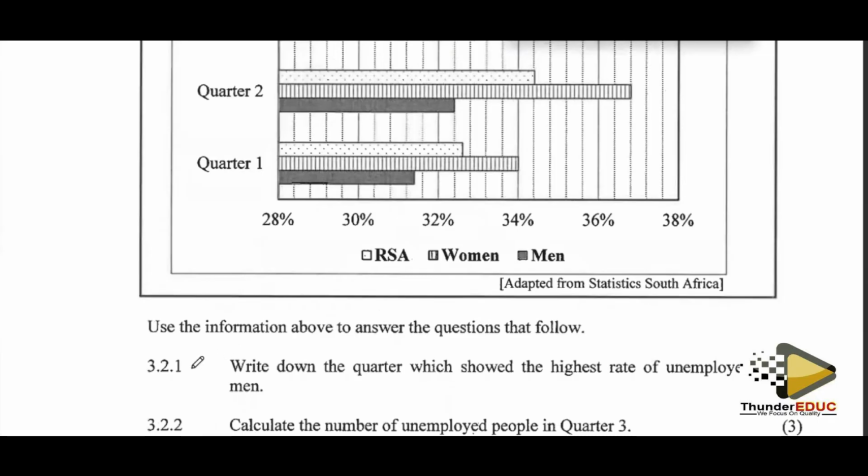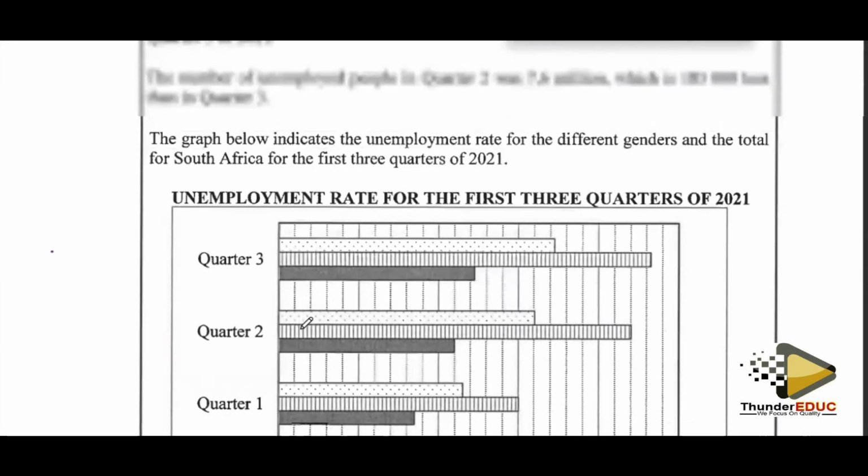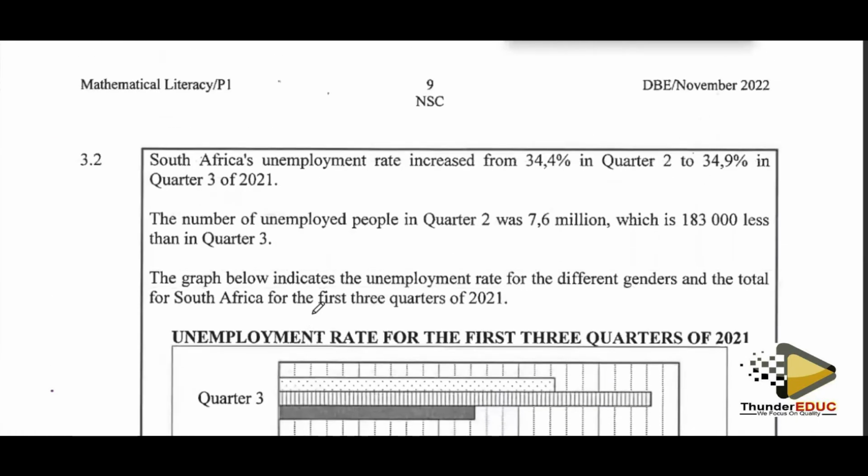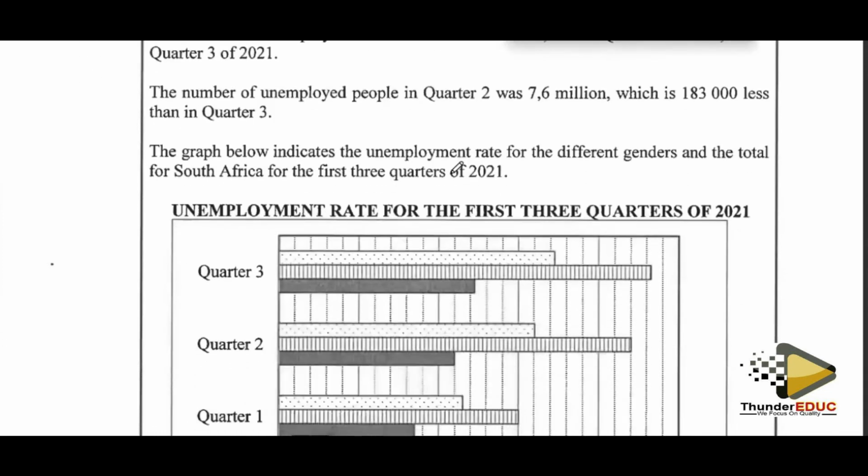All right, we look at this other question. Question number 3.2 is still looking at the graph. They say South African unemployment rate increased from 34.4% in quarter 2 to 34.9% in quarter 3 of 2021. So the number of unemployed people in quarter 2 was 7.6 million, which is 183,000 less than in quarter 3.